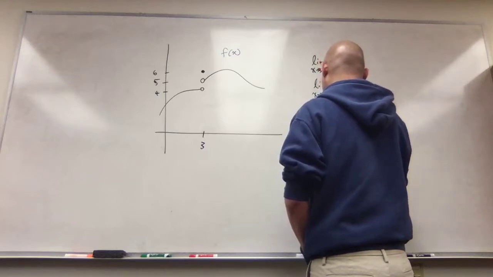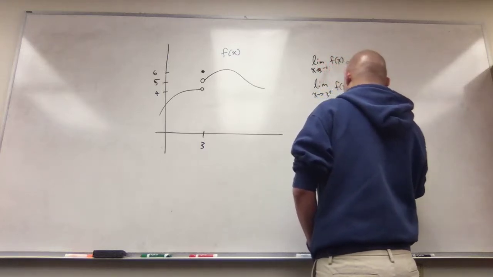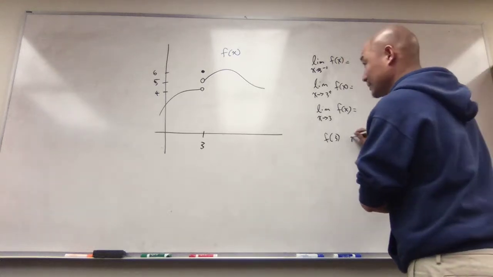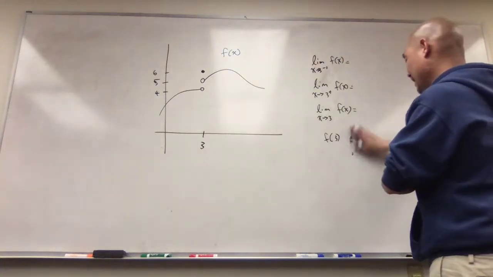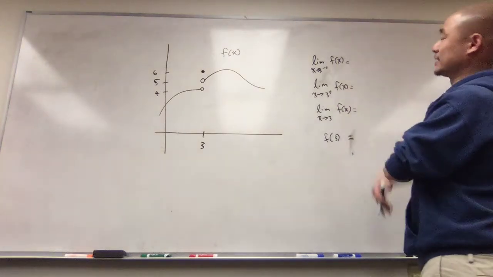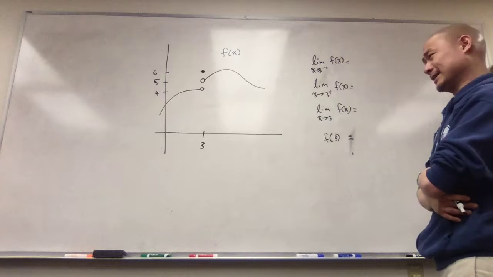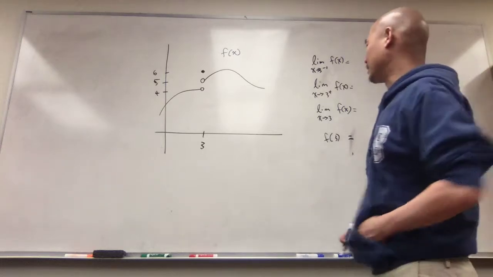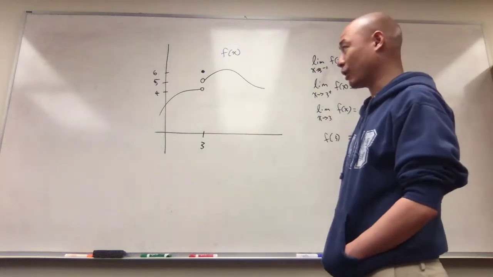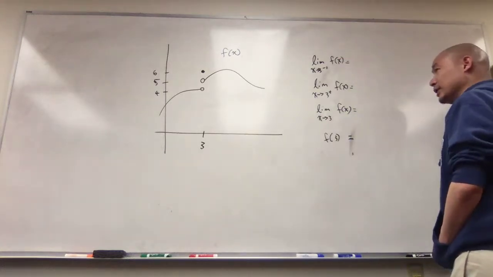And what is f of 3? Now, ideally, we want all of these things to say the same thing. But in reality, that's not always the case. And certainly, this does not seem like the drawing of an ideal function.